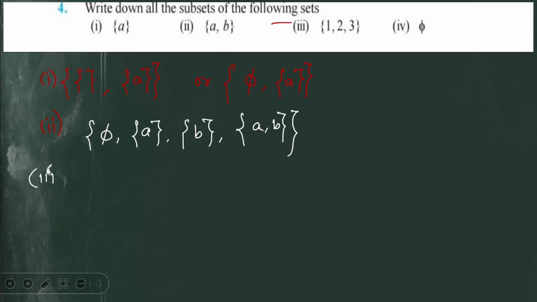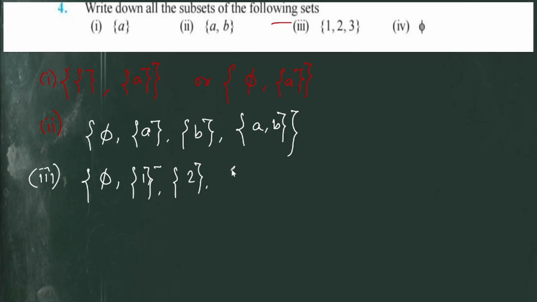Next, 3. 1 comma 2 comma 3 is the required set. We have to write the subsets of this set. First we'll write phi, then the singleton sets 1, 2, 3, then the sets containing two elements: 1 comma 2, 1 comma 3 and 2 comma 3.